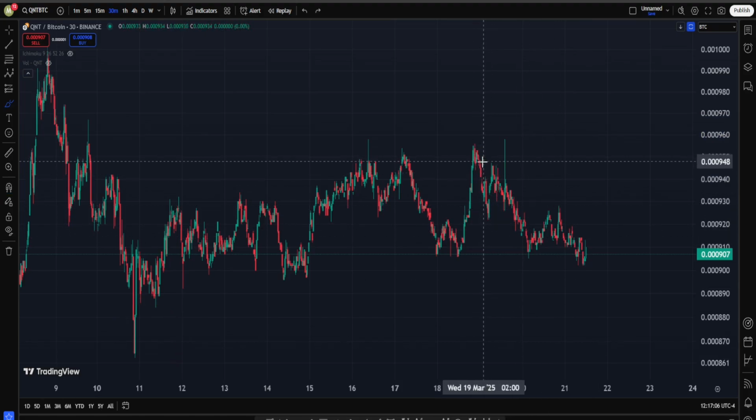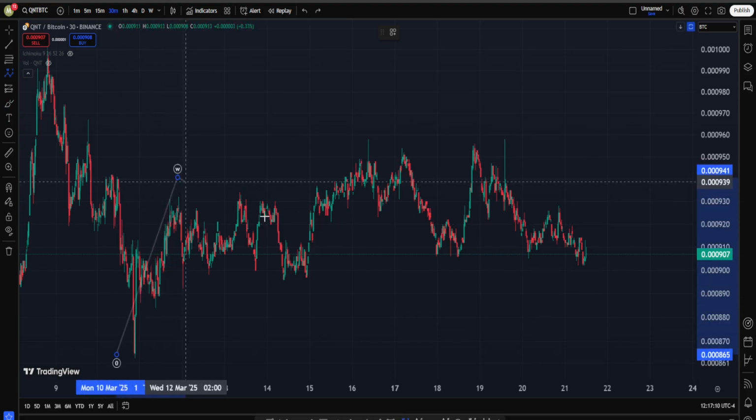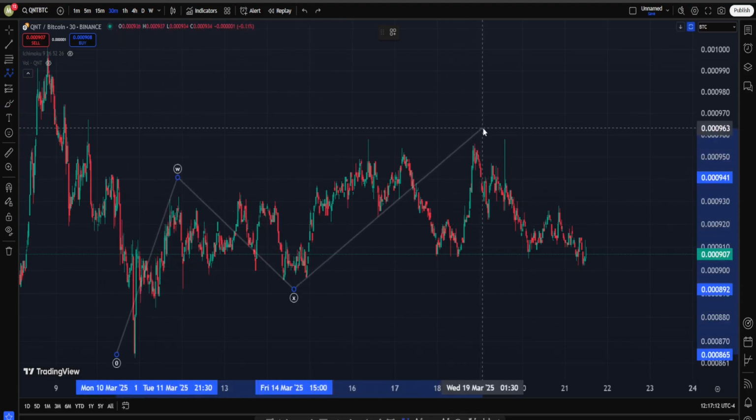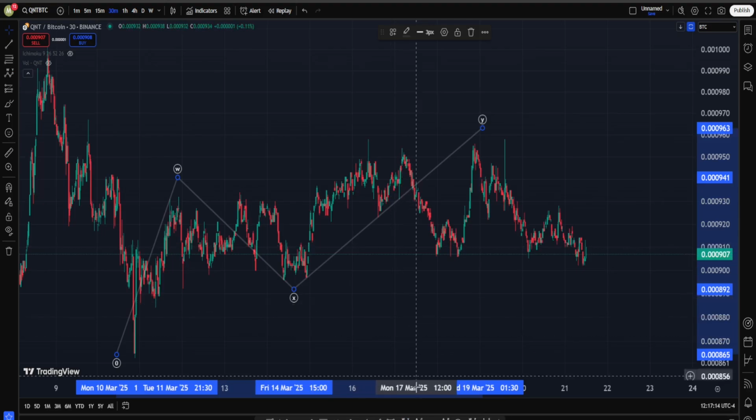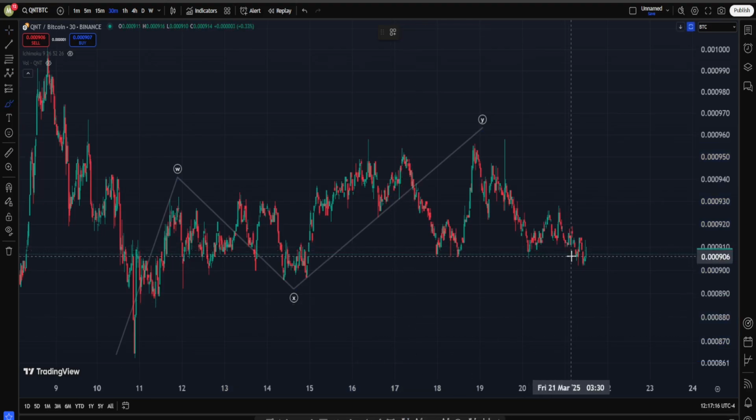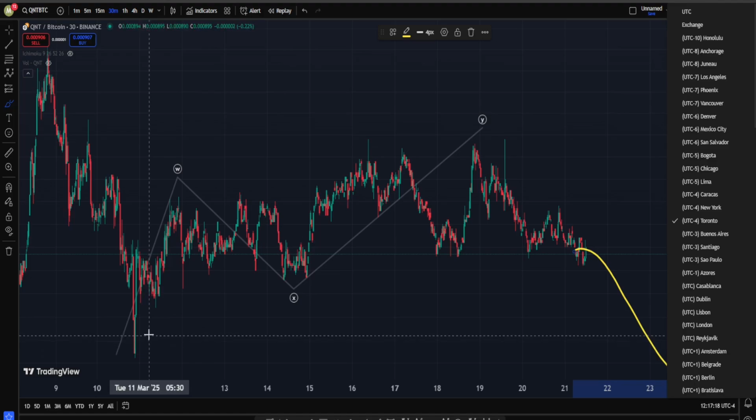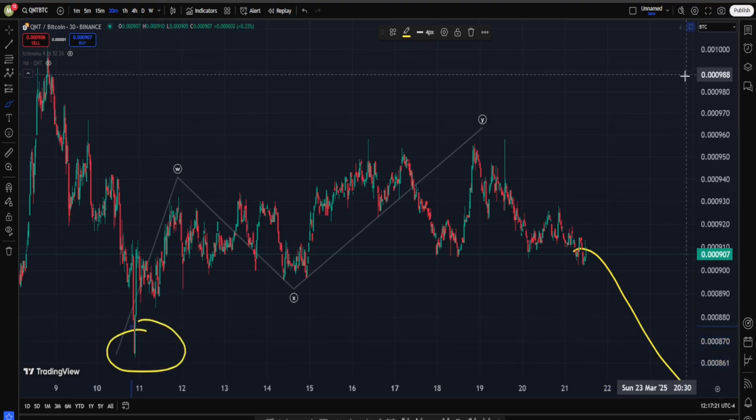And if the end of our correction is going to be in here, I think we can very safely say this is a WXY in form of a double zigzag, and we are going to have soon another move down in this chart in order to take the lowest low down here, which means QNT in the short term can actually underperform BTC, meaning, for example, if in Bitcoin you're going to see like a 5 to 10% move down, that move down is going to cause a much stronger move on the downside in QNT.